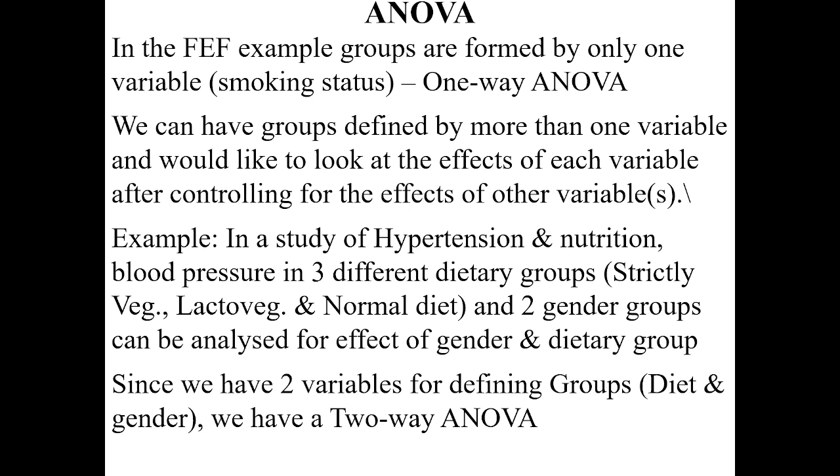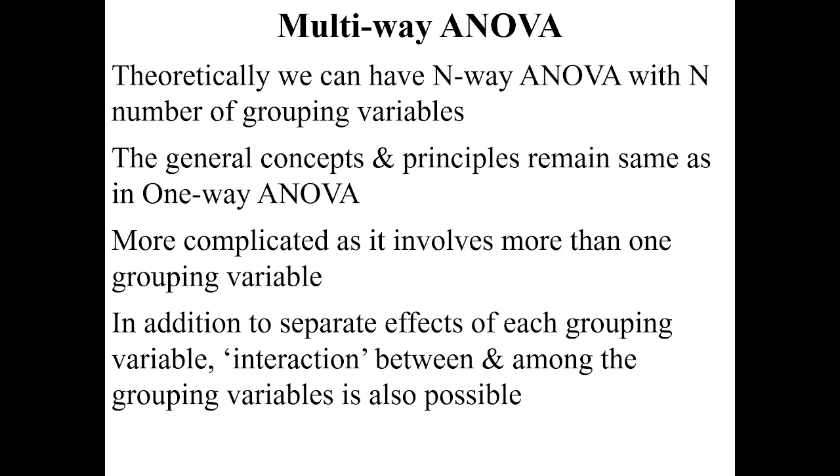Since we have 2 variables defining groups, diet and gender, we have two-way ANOVA. Notionally, for any number of variables, we can have n-way ANOVA with n grouping variables. But the general concepts and principles remain the same as in one-way ANOVA.